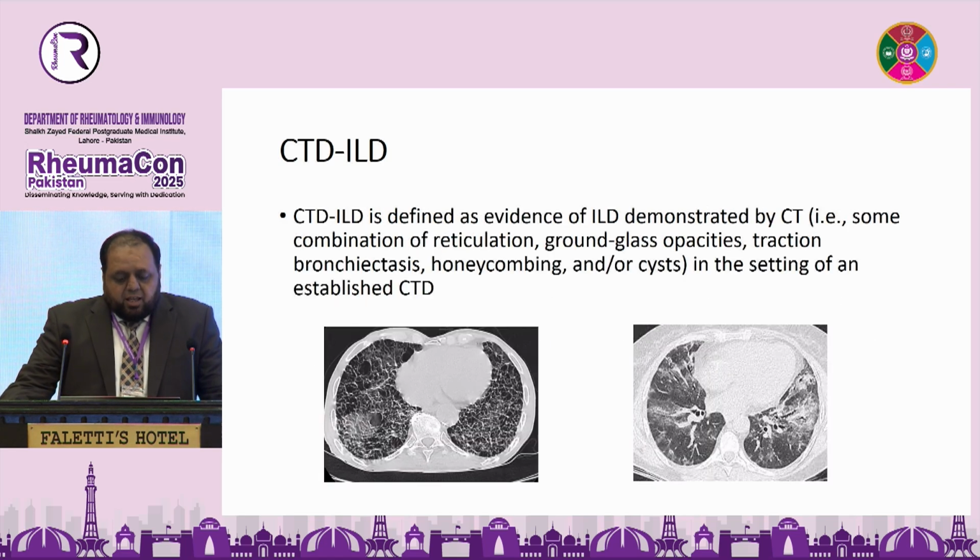CTD-ILD is defined as evidence of interstitial lung disease, which is demonstrated by CT scan when HRCT shows a combination of reticulation, ground glass opacification, traction bronchiectasis, honeycombing, or cyst in the setting of an established connective tissue disease.